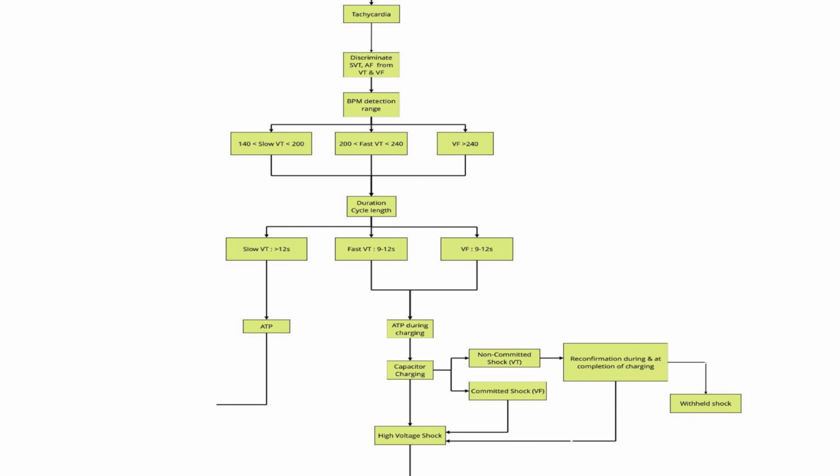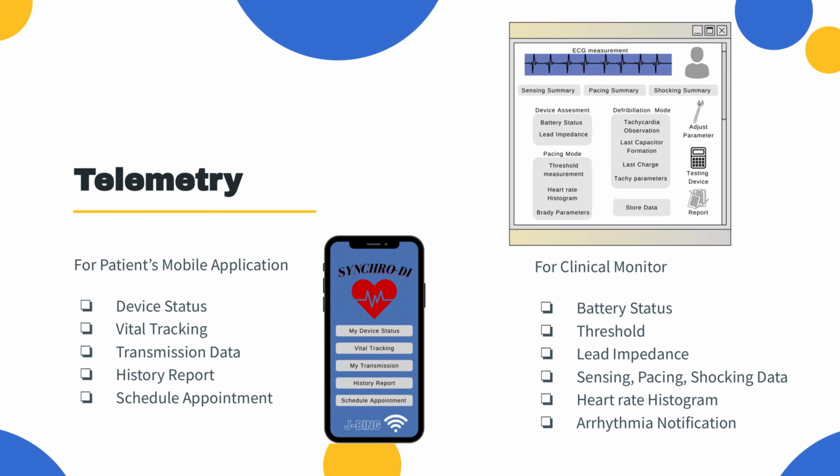Once the device detects, it will count the duration of cycle length to certify that the patient has that condition. This is because the high voltage shock is very dangerous and only required when necessary. For slow VT, it may need only anti-tachycardia pacing or ATP to take action, while fast VT and VF will require ATP during capacitor charging before receiving high voltage shock.